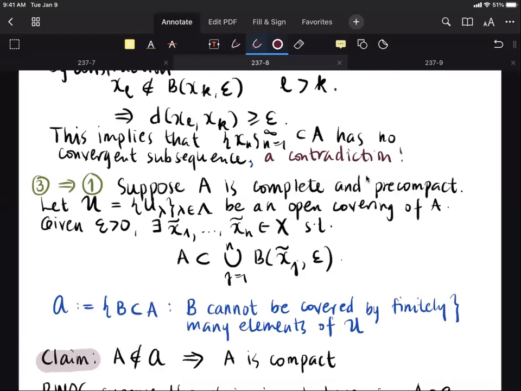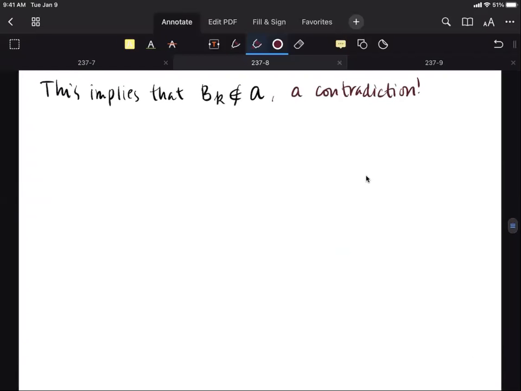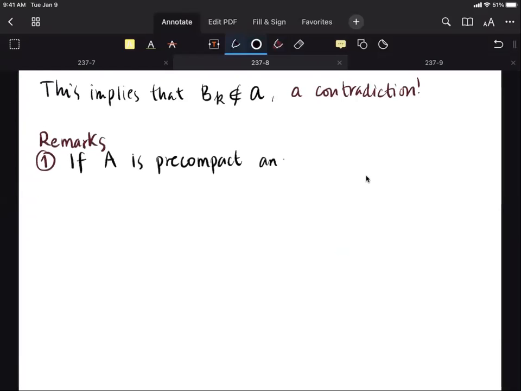And let us state some remarks. So in the assumptions of the previous theorem, if A is a subset of a metric space and this is pre-compact, and B is a subset of A, then B is pre-compact.